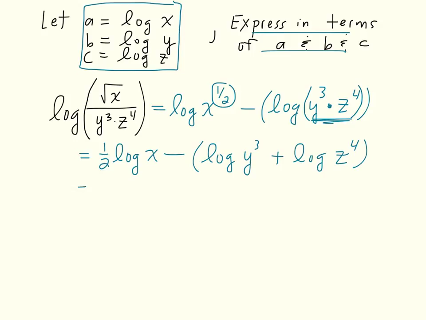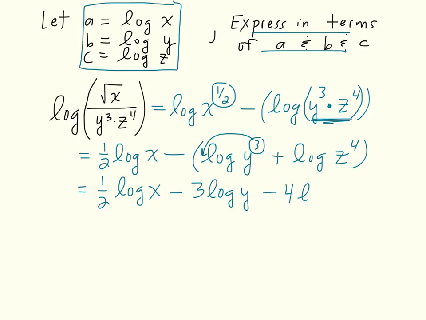And from there, we can clean this up. We can distribute our negative, and we can also take our powers and throw them in front. So minus 3 log y, and then minus 4 log z. Again, this power is just going in front, and then I'm distributing this negative.